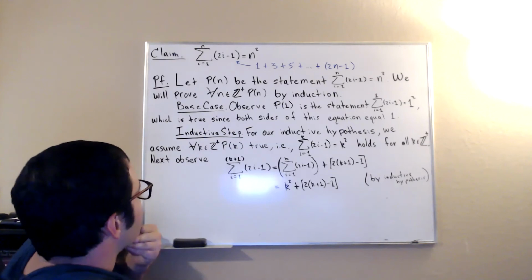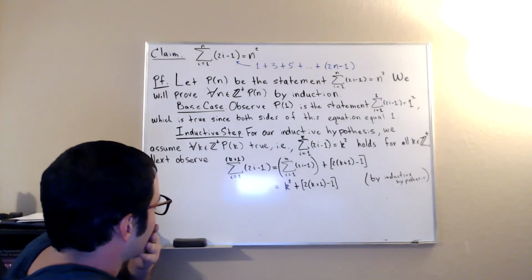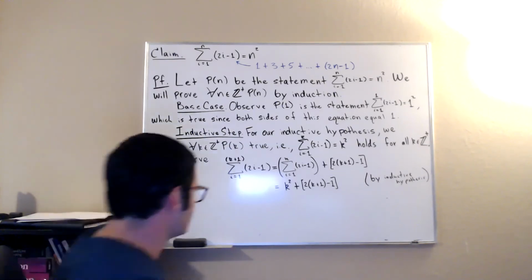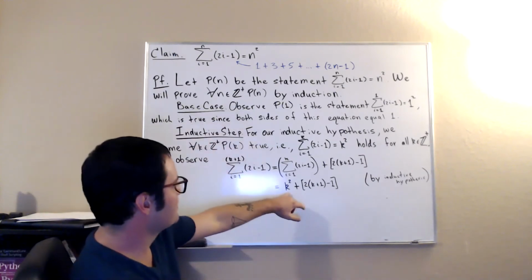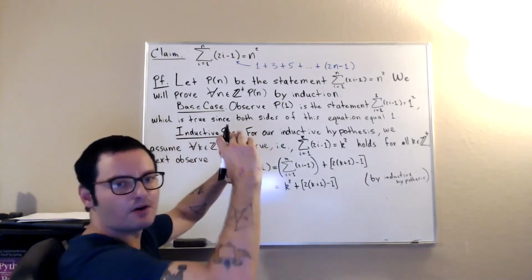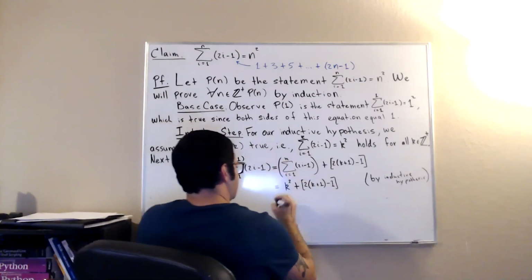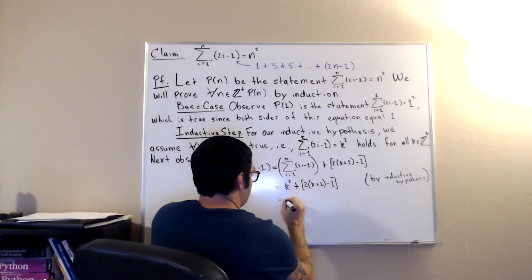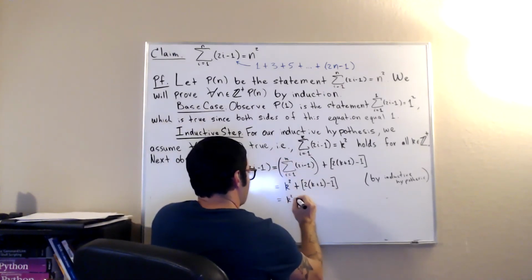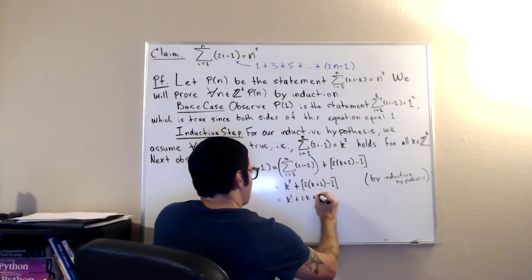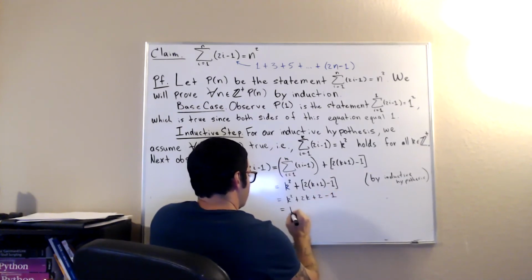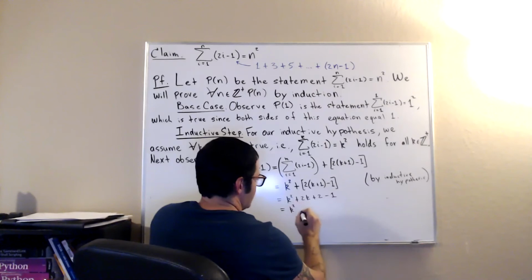All right, so now we need to do some algebra here to get this to be k plus 1, in quantity, all squared. So this kind of factoring out. So what is this?